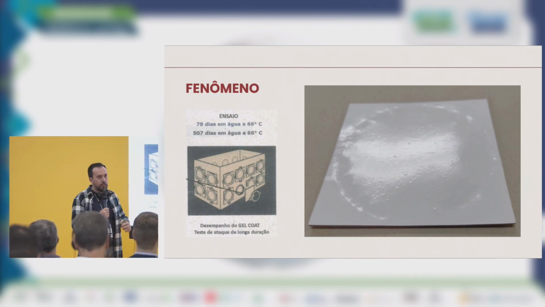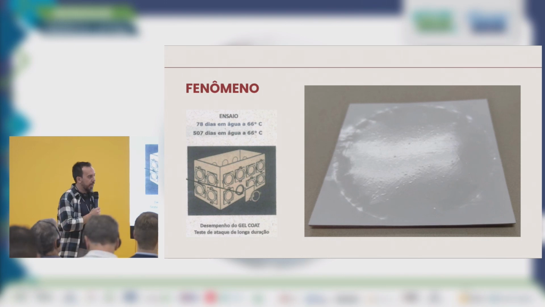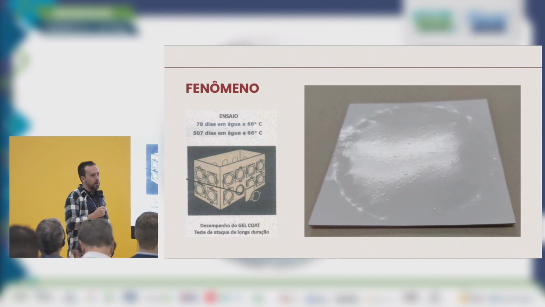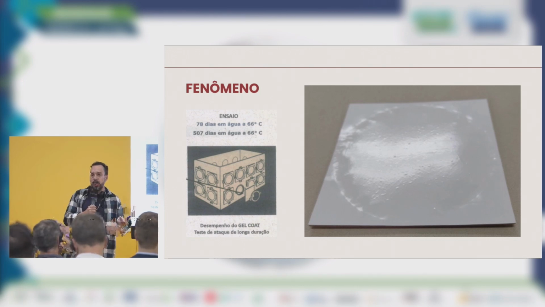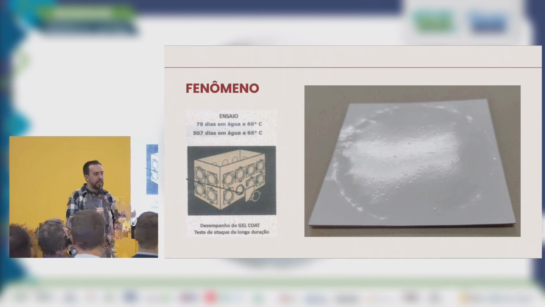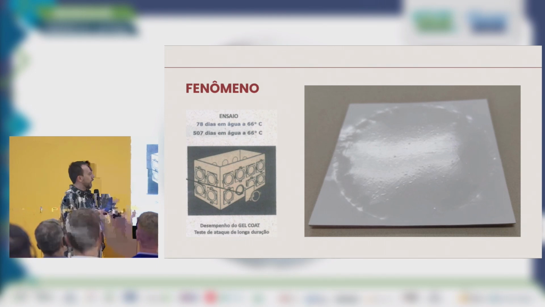So the phenomenon, or rather the issue that I'm commenting on today, is osmosis. All resins and all materials are porous. They will absorb water if they're in contact with water or any other product that they may be in contact with.